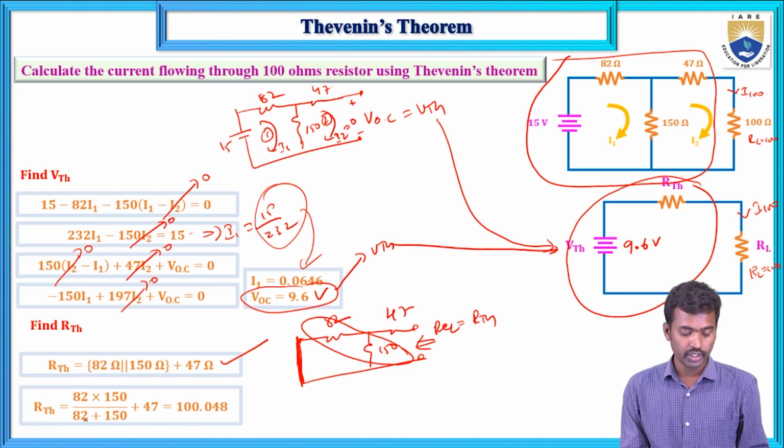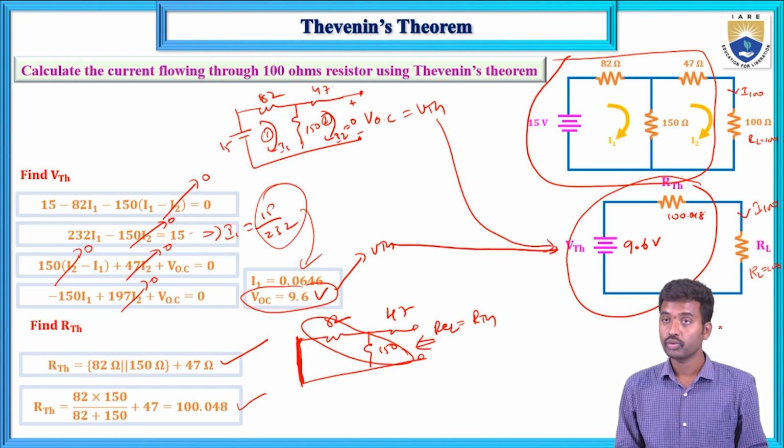So 82 into 150 divided by 82 plus 150, plus 47, that equals 100.048. So this one is about 100.